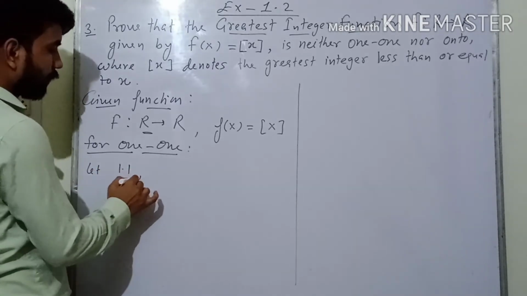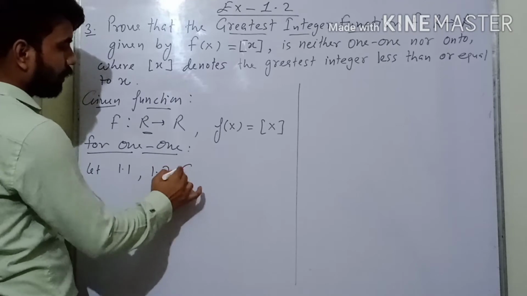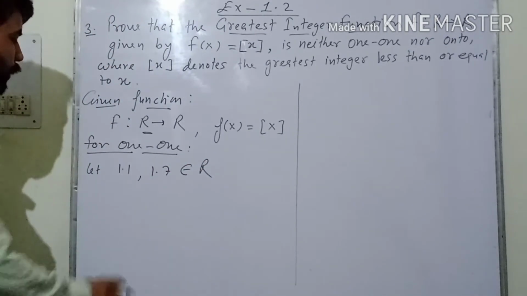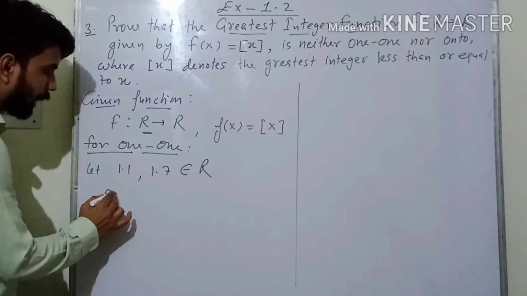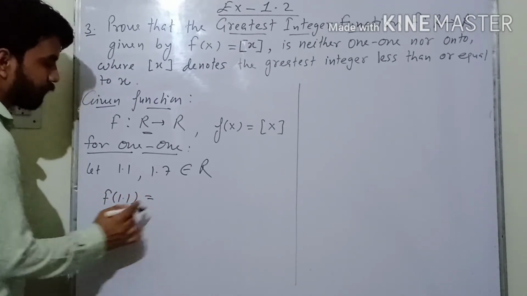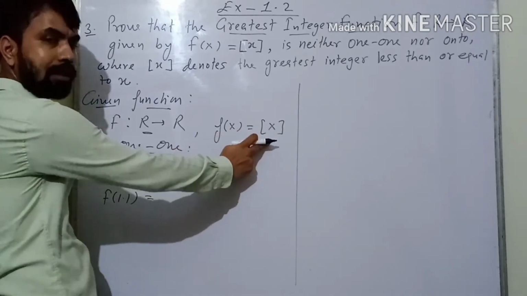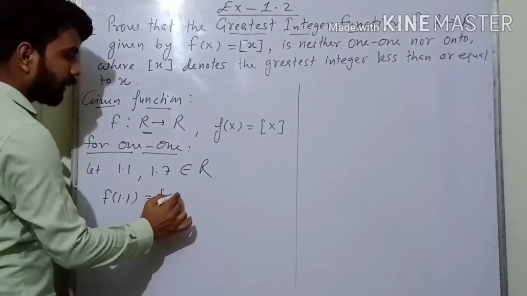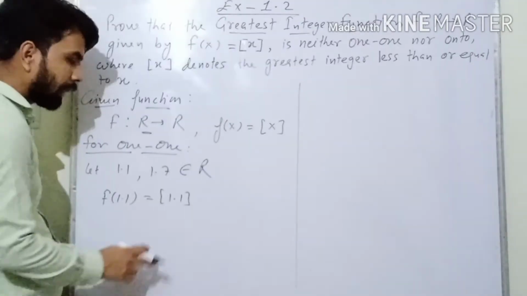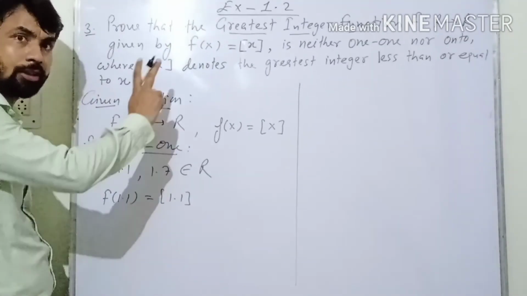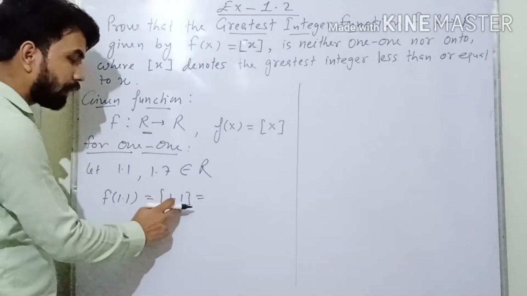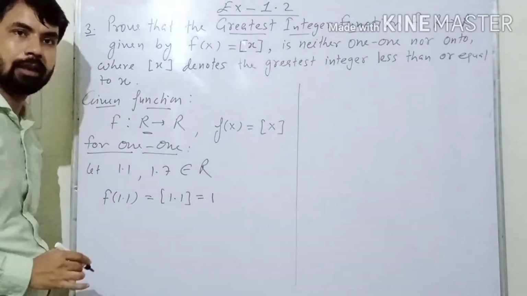So let 1.1 and 1.7 belong to its domain, that is R. Now f(1.1) is what? f(x) equals greatest integer x, so f(1.1) is greatest integer 1.1, and according to the definition its value is 1.